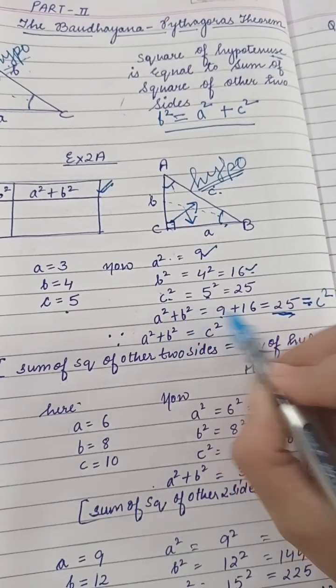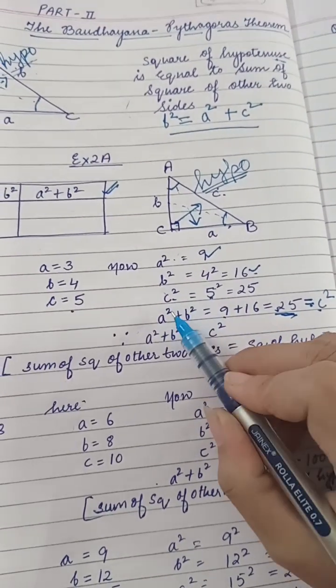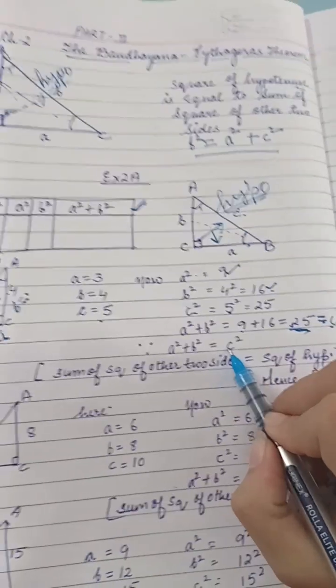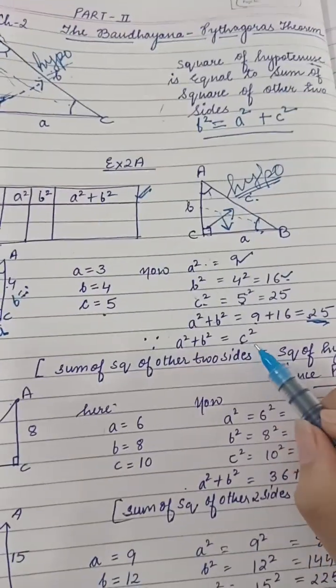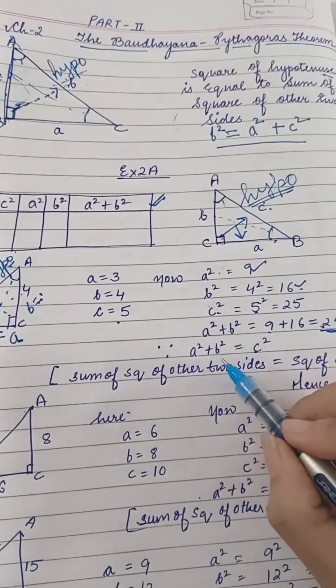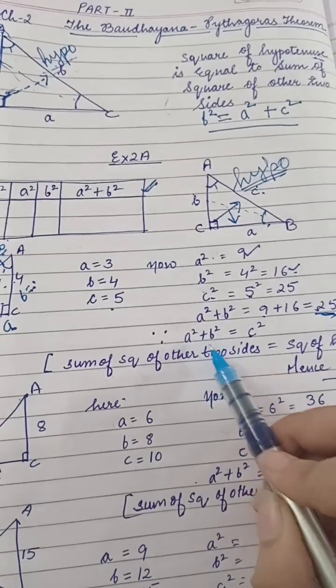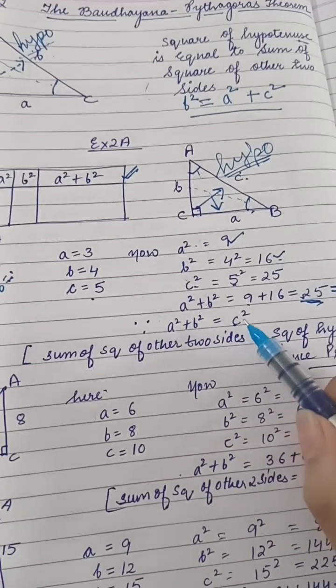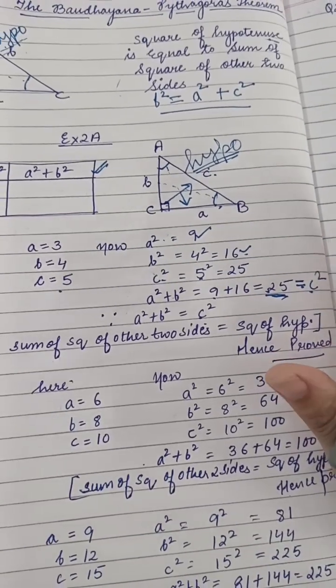A square plus B square is also 25 and C square is also 25. So yes, they both are equal and C is hypotenuse, correct? So hypotenuse square equals the sum of the other two sides' squares. Sum of squares of the other two sides equals the square of the hypotenuse. Hence it is proved. Got it?